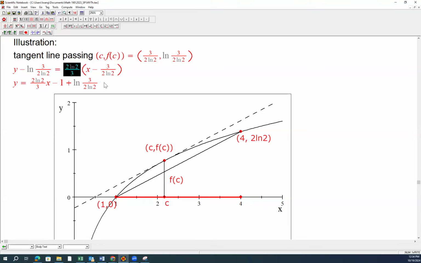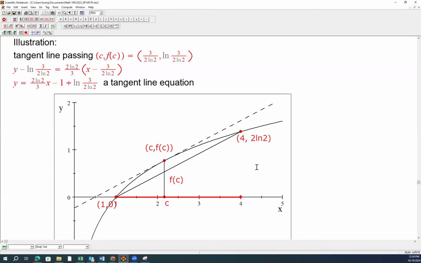That's how we get the tangent line equation. This is the tangent line equation.